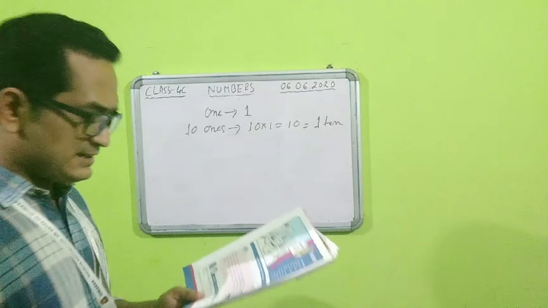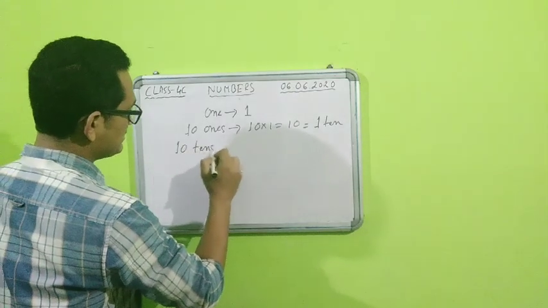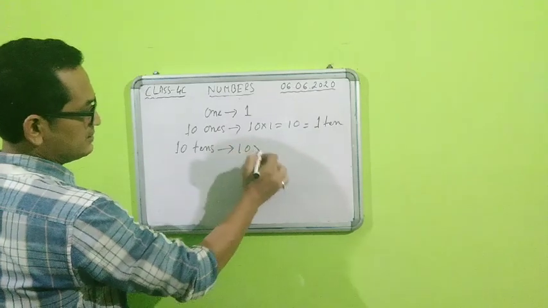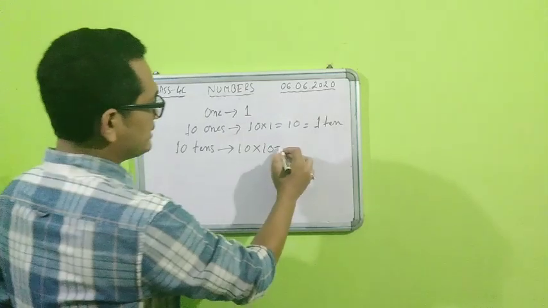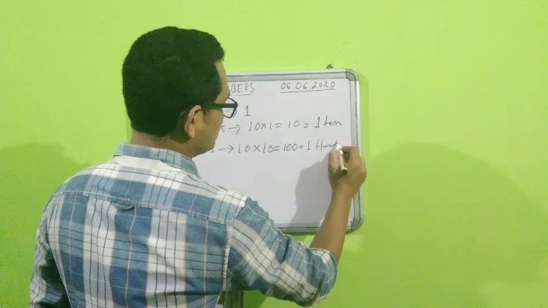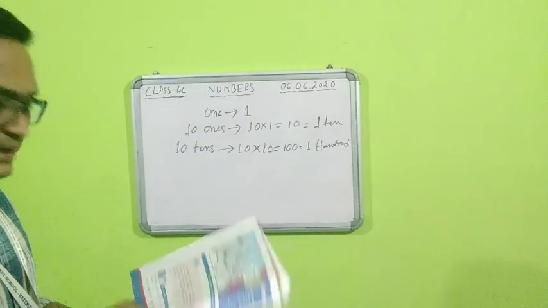Then 10 tens make 100. If I write 10 tens, tens means we know tens means 10 only. So 10 tens will be 100. Fine. And 10 hundreds make a 1000.